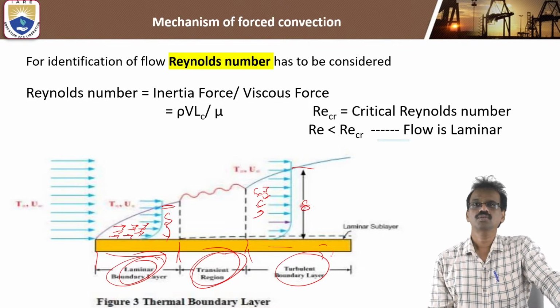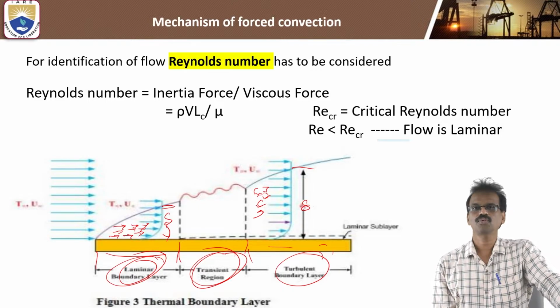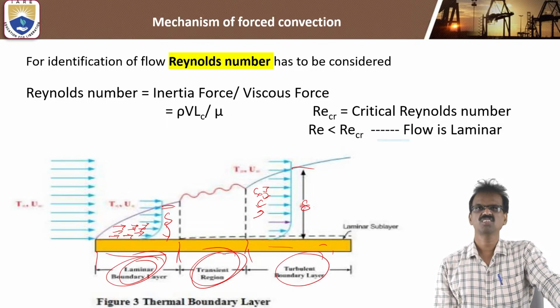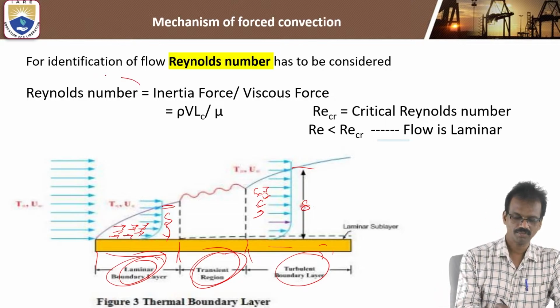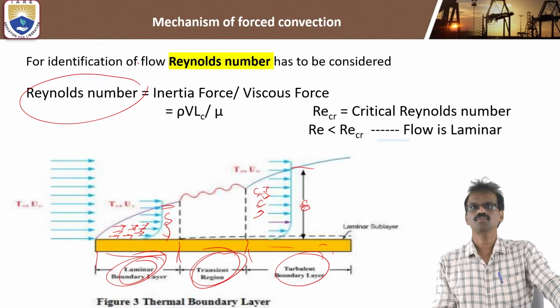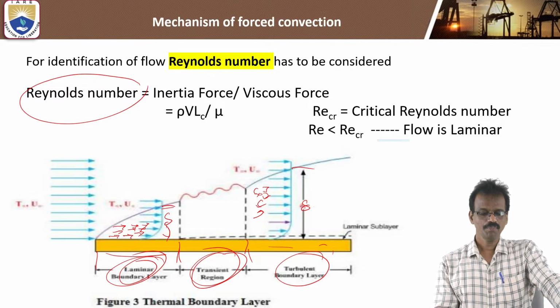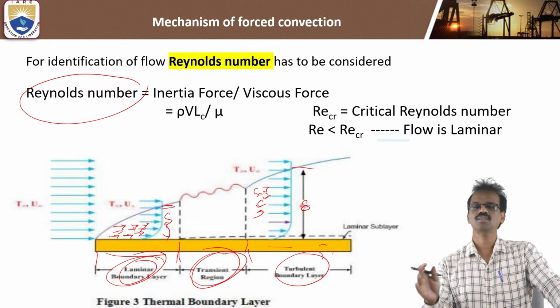To identify the flow, it is identified based upon the Reynolds number, which you already learned in fluid mechanics. Based upon the Reynolds number value, we can identify whether it is laminar flow or turbulent flow.